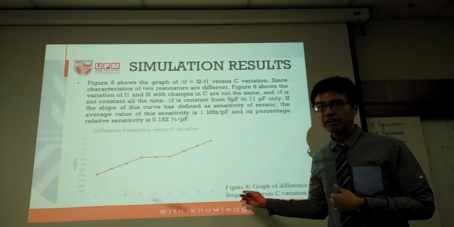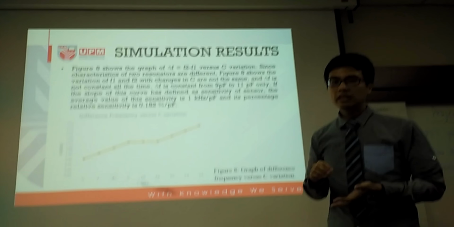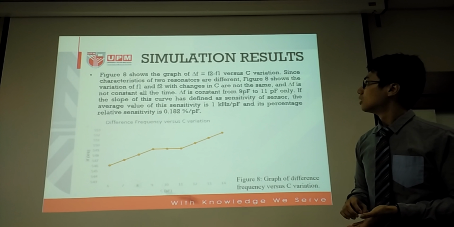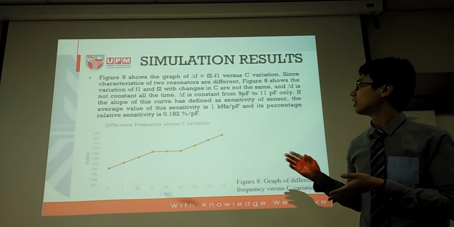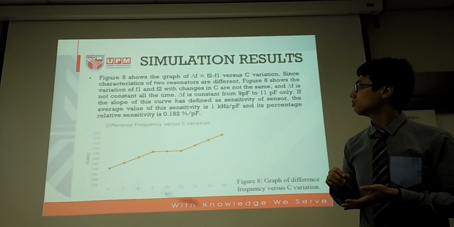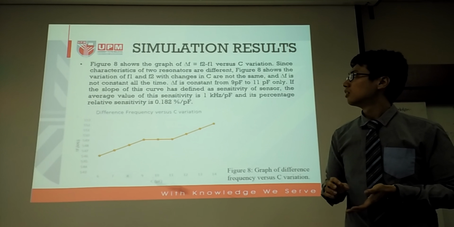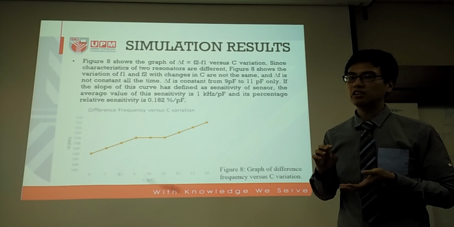Figure 8 shows the graph of the difference frequency versus the gas sensor capacitance variation. Since the characteristics of these two resonators are different, the variations of F1 and F2 with the change in the gas sensor capacitance are not the same.